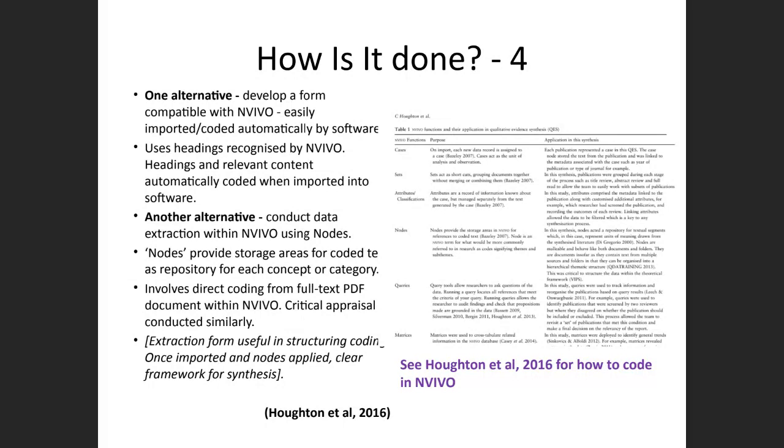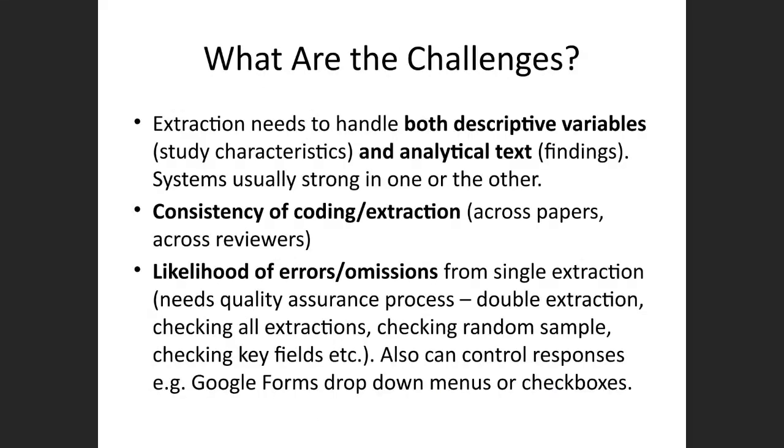So, for example, the nodes being used to represent each concept or category. But nevertheless, they did find that the extraction form that they had used, albeit with the formatting problems, enabled application of the framework to their synthesis.